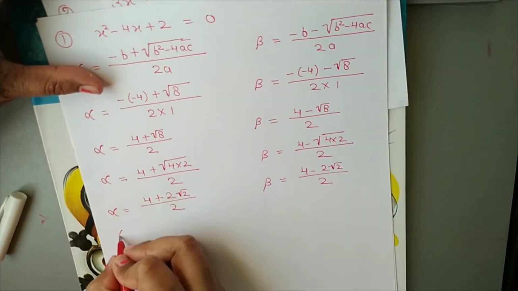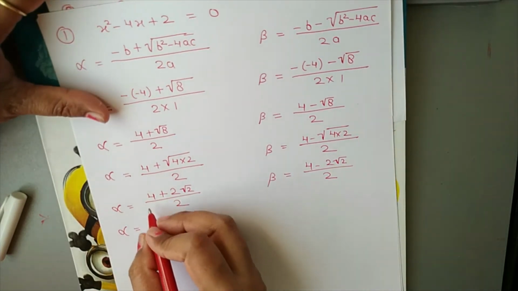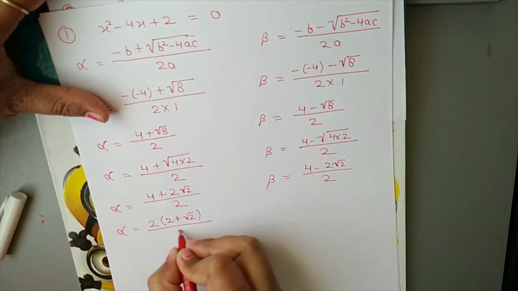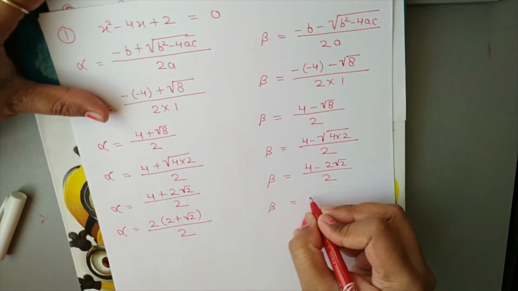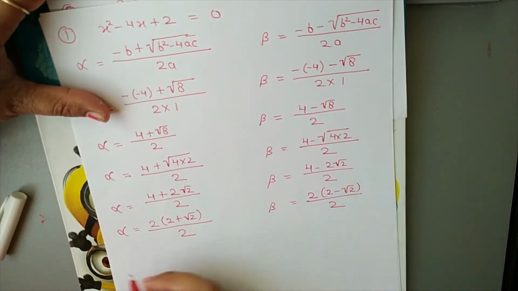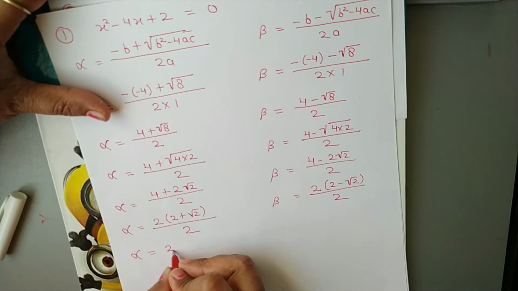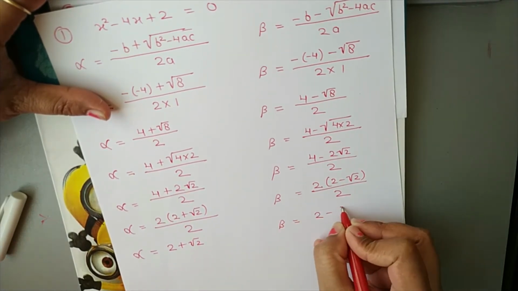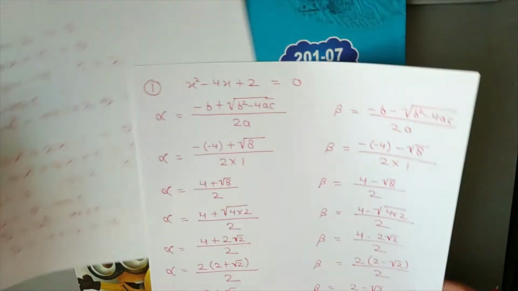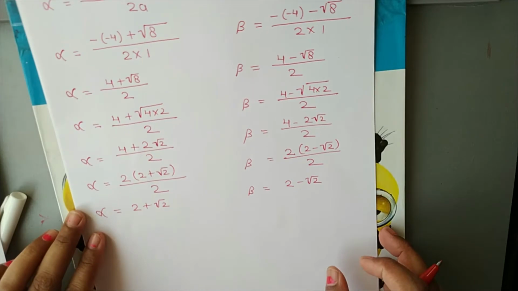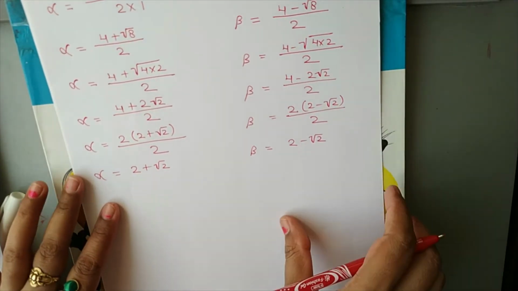So 2 is common, 2 plus root 2 remains divided by 2, and beta is 2 minus root 2 divided by 2. So alpha will be 2 plus root 2, and beta will be 2 minus root 2. These are the two roots, alpha and beta, that is 2 plus root 2 and 2 minus root 2.